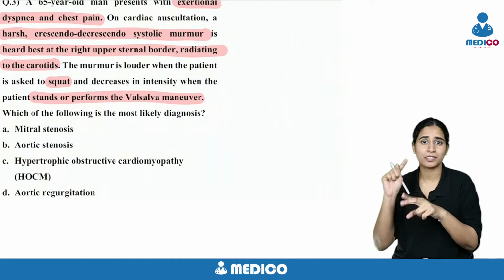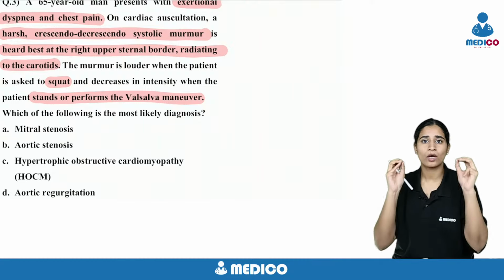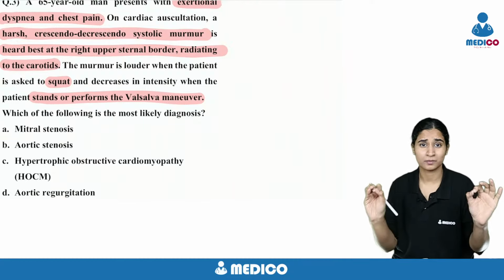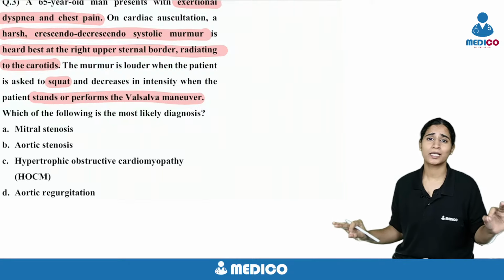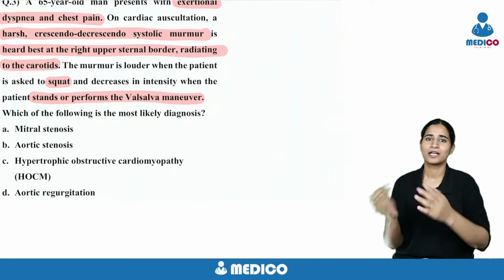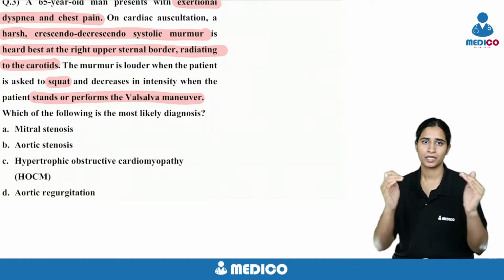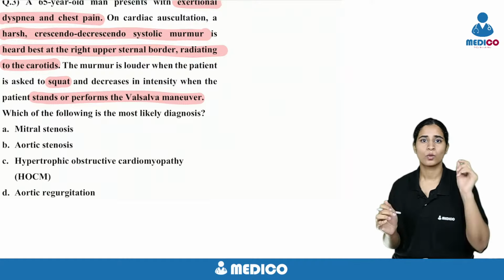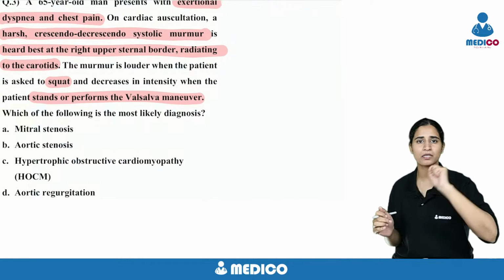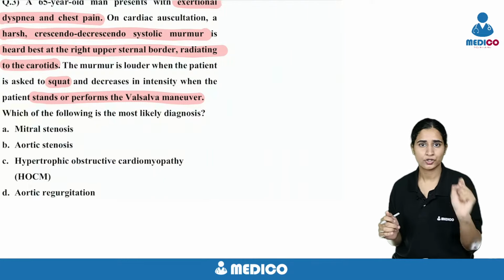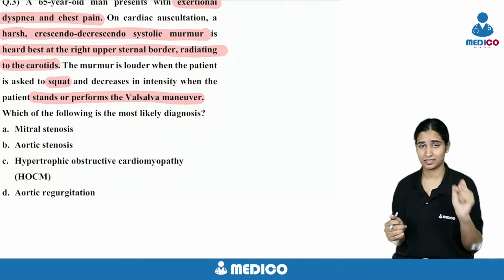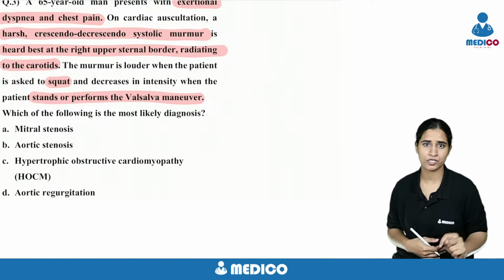In HOCM and mitral valve prolapse, Valsalva will increase the intensity of the murmur, and this is very important. They will jumble it and ask in different ways, but the ultimate answer is: with Valsalva, any murmur intensity will decrease; in HOCM and mitral valve prolapse, it will increase. You should remember this because this is the most important point.